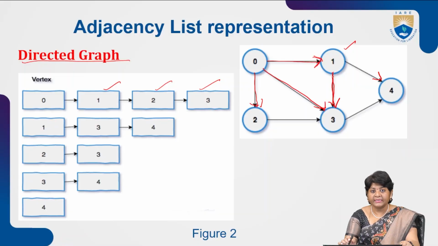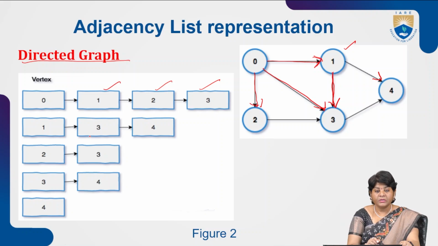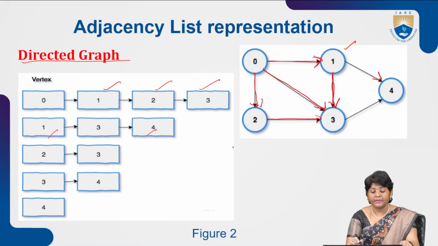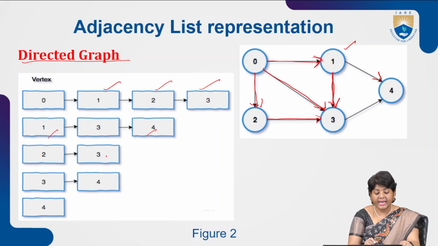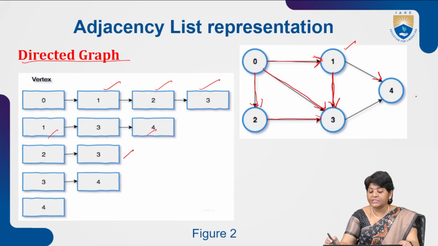For vertex 1, the neighbors or adjacent vertices are 3 and 4. Now, coming to vertex 2, this is connected to vertex 3. So vertex 2 has only 3 as a neighbor. And if you come to vertex 4, this 4 doesn't have any outgoing edge.